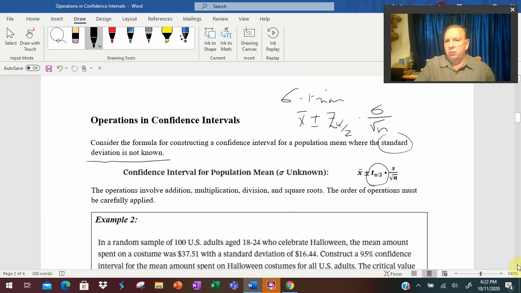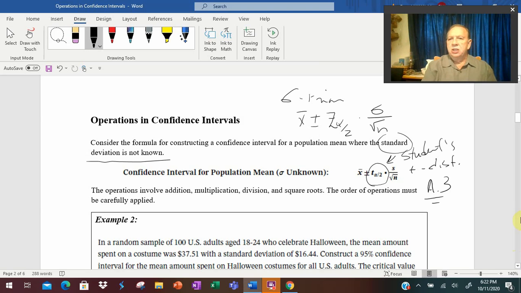It is not the normal distribution to get the z, but this is a t. We'll work on those as we need to in class, but it's called the t alpha over 2, the student's t distribution. And that would be table A.3 in the back of your book.